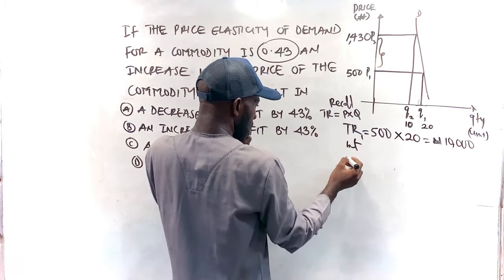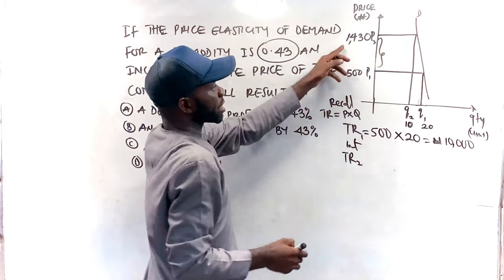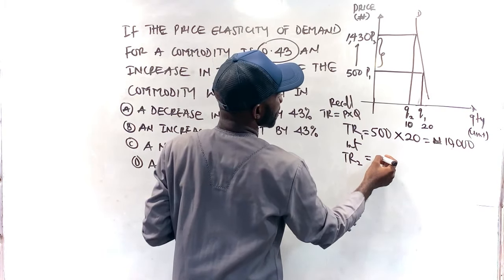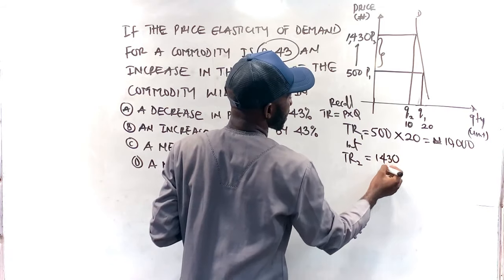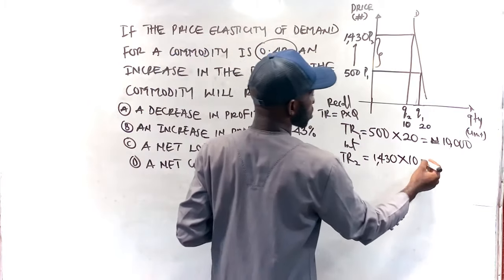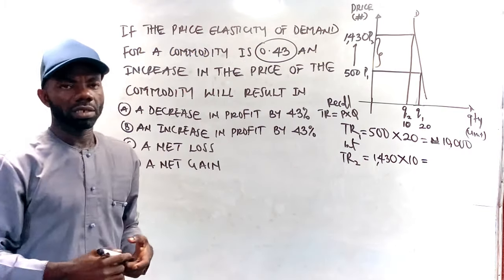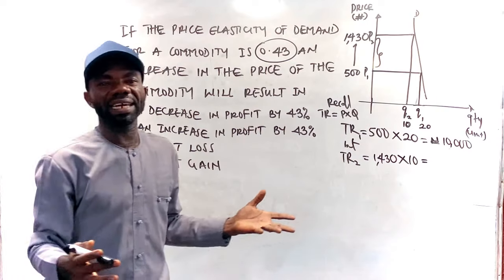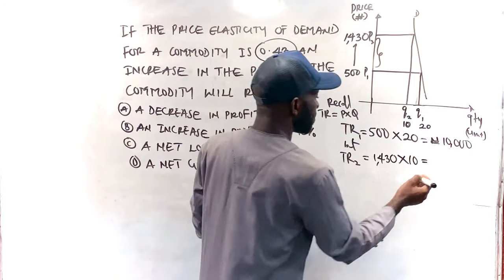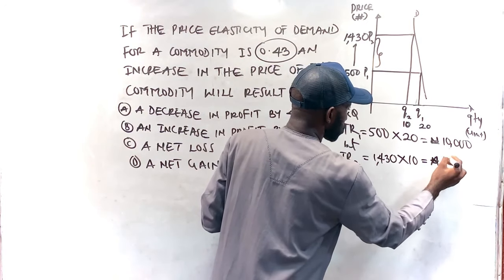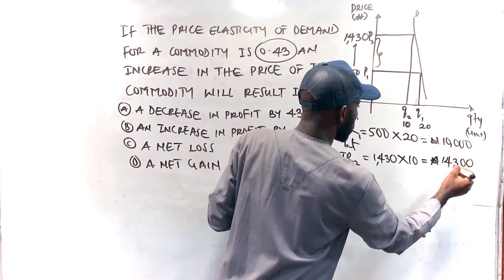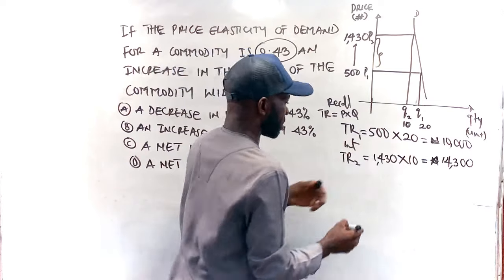But when the guy had an increase in price, he now sells at the price of 1,430 naira, and then he sells only 10 units. Yes, that's a reduction in quantity, but that's not having a great effect in his pocket. He's even making more money, because if you look at this, he's making a total of 14,300 naira.